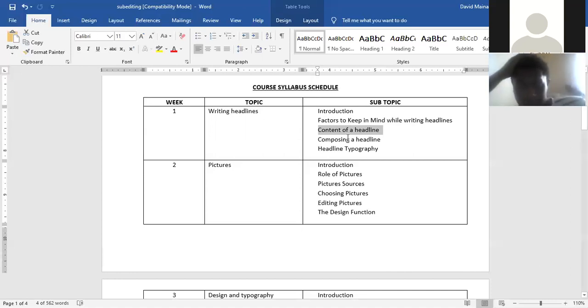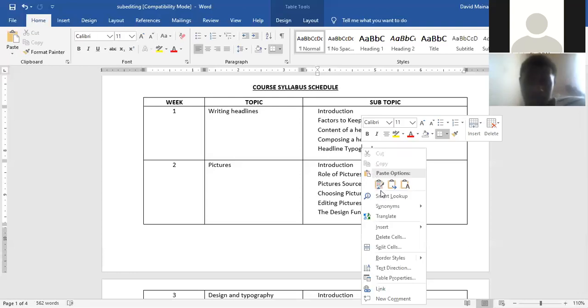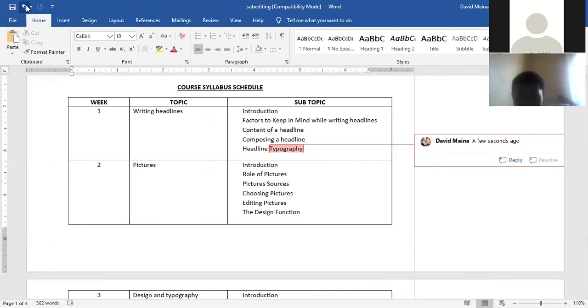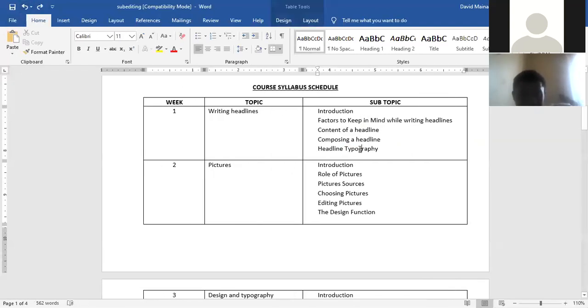So we are going to look at the content of a headline, what the headline should have. You're going to look at how to compose a headline. And then you're going to look at the headline typography. Typography simply means the arrangement of what the newspaper has.